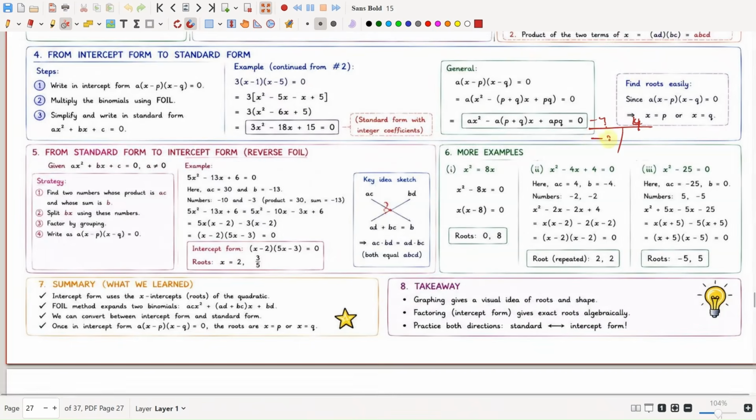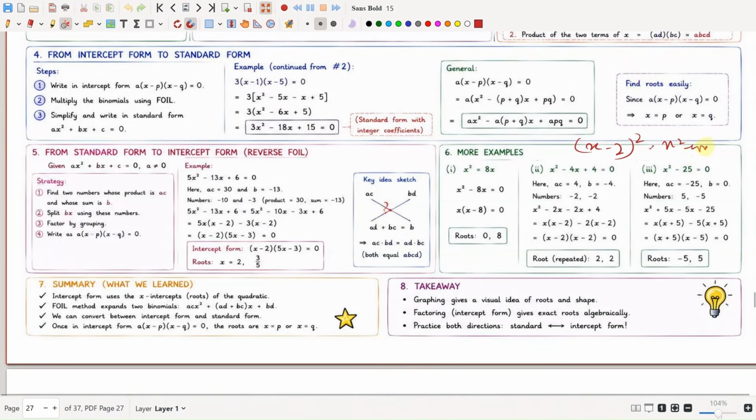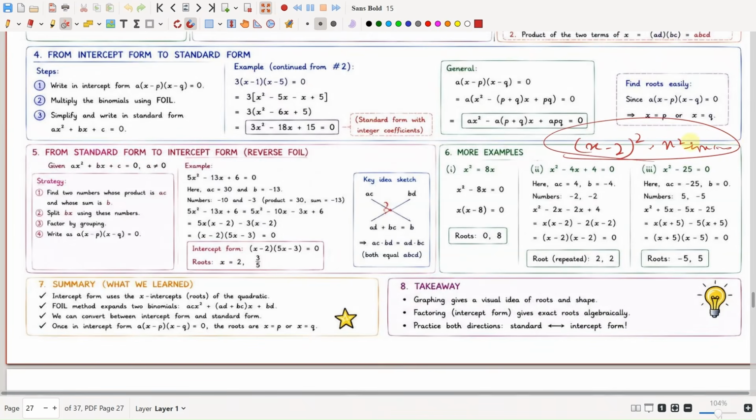Then I can take these two values, minus 2 and minus 2. So my factors will be (x minus 2) into (x minus 2). So my roots will be x minus 2 is equal to 0, which is x is equal to 2. So the roots are repeated. Repeated means it will be a perfect square. Okay. So (x minus 2) the whole square will be equal to x square minus 4x plus 4. This is what we call a perfect square.